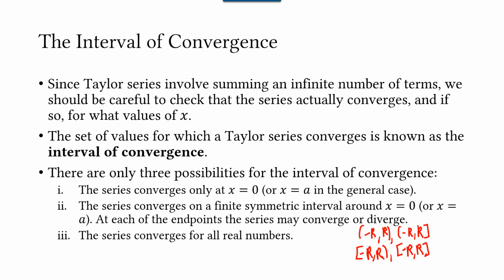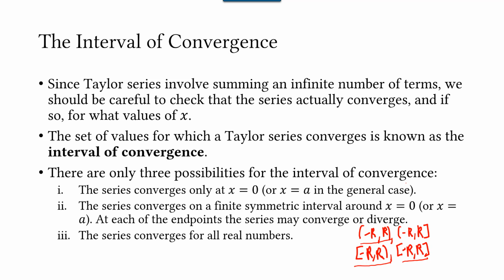We might have convergence at minus r, say here, but not convergence at r. We might have convergence at both minus r and r, or neither minus r and r. But these are all examples of intervals of convergence. And again, if the point is x equals 0, then that is going to be a symmetric interval around 0, except perhaps at the endpoints.